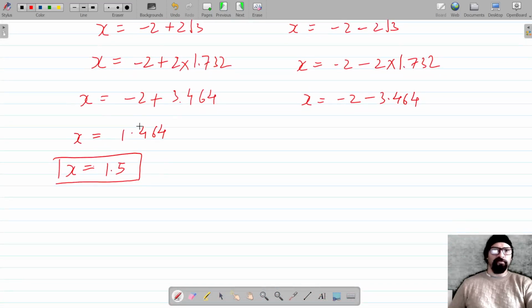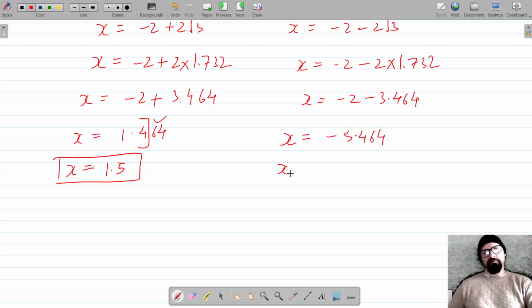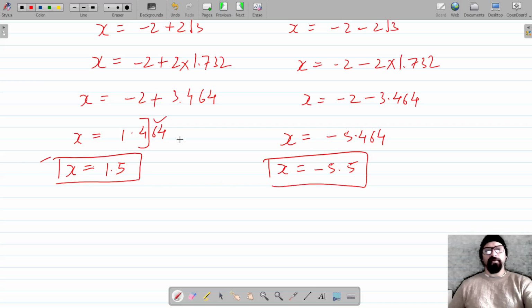So x is equal to 1.5, since rounding off to one decimal place, the digit is 6, so we have to add 1 here. The next one is x is equal to minus 5.464, and if I round this off, it is negative 5.5. So x is equal to 1.5, or x is equal to negative 5.5.